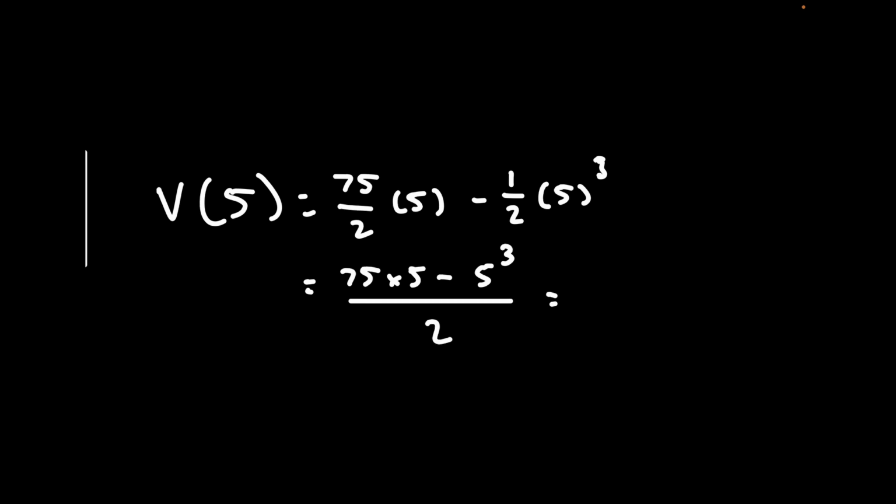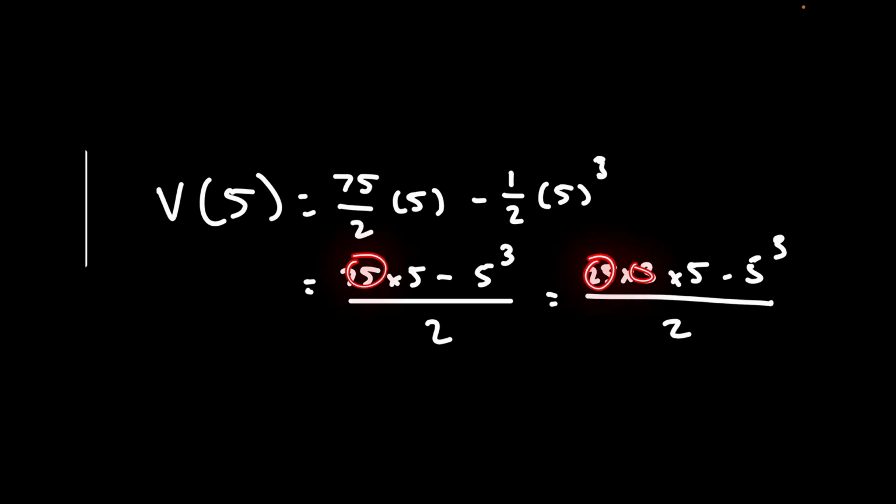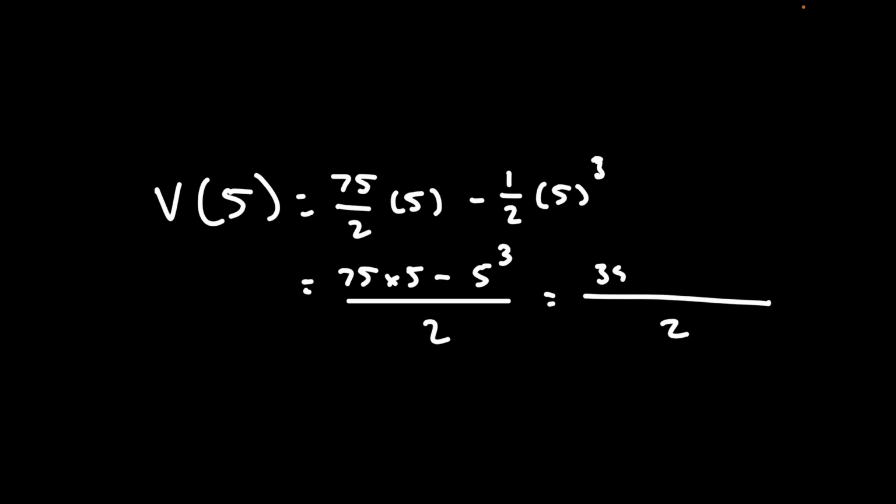To do it by hand nicely, I can rewrite this section here as 25 times 3 times 5 minus 5 cubed all over 2. And 25 times 3 is 75, but 25 is the same as 5 squared. And if I do 5 squared times 5, that's just 5 cubed. So this is really the same as 3 times 5 cubed minus 5 cubed all over 2.